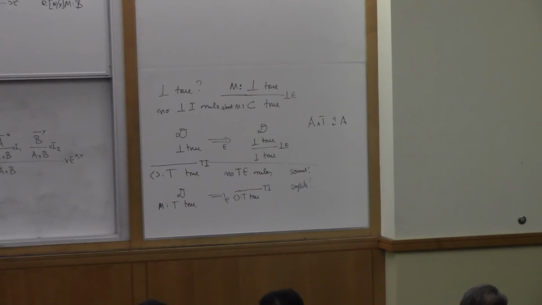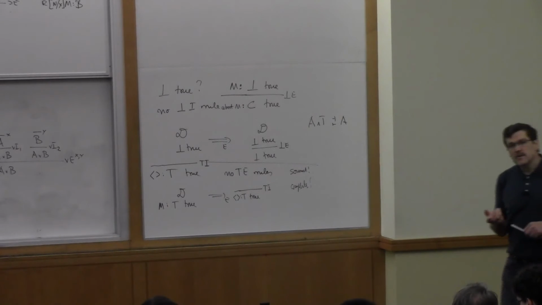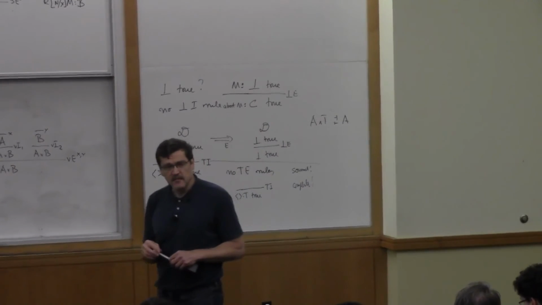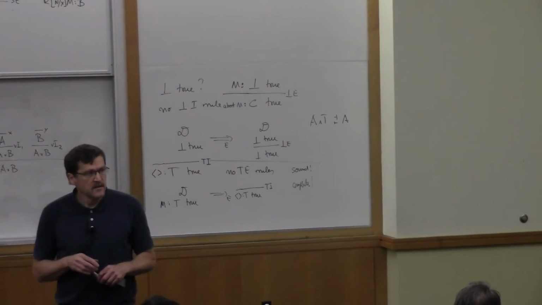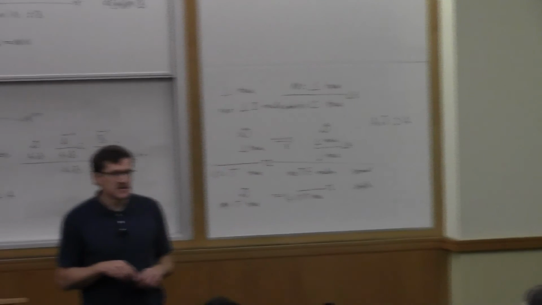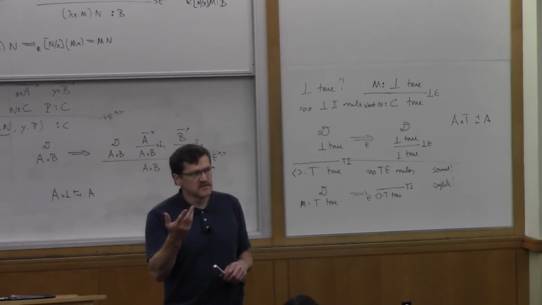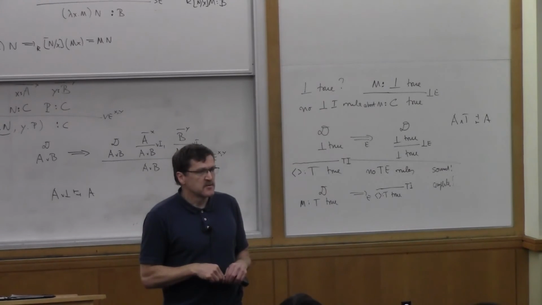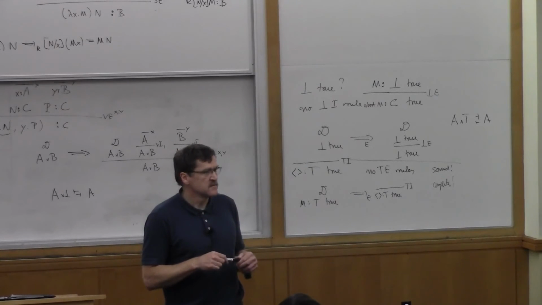And I want you to write down the reductions and the extensionality as rewrite rules on those proof terms. And then I want you to think about whether you can think of an operational semantics for that. Is there a programming language hiding there? What does it mean? And while you do that, you might also think about this question of, can I look into the futures, or what happens with the OR elimination? So that's the second part of the homework for this afternoon.